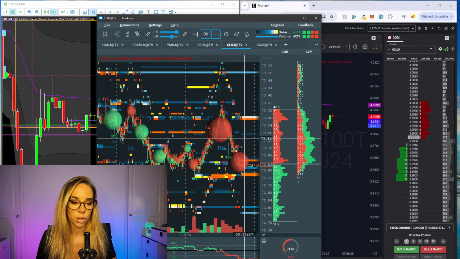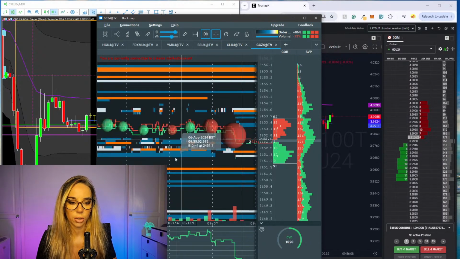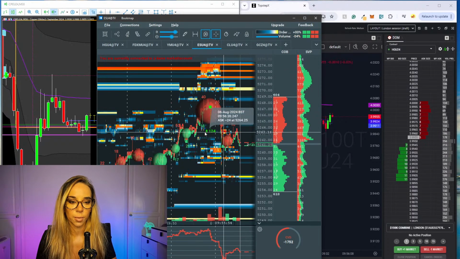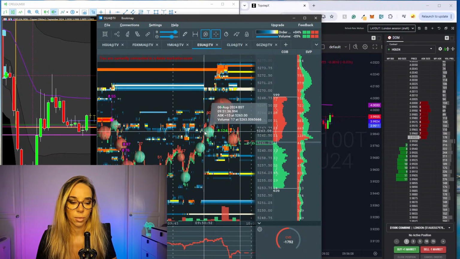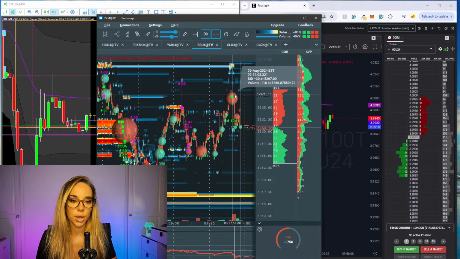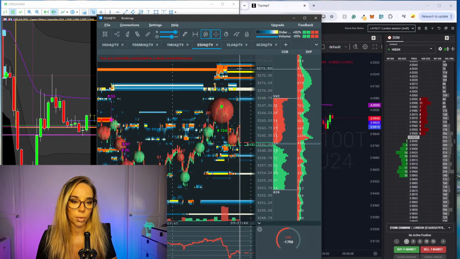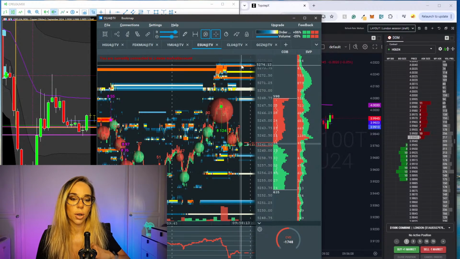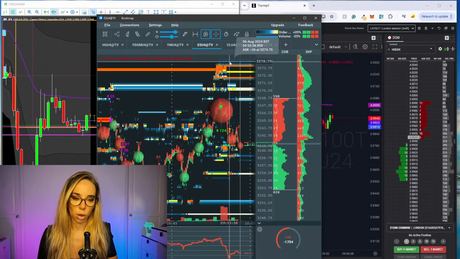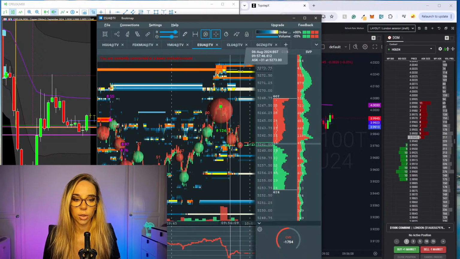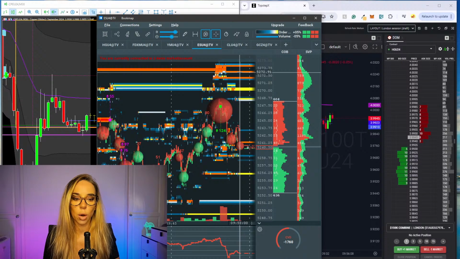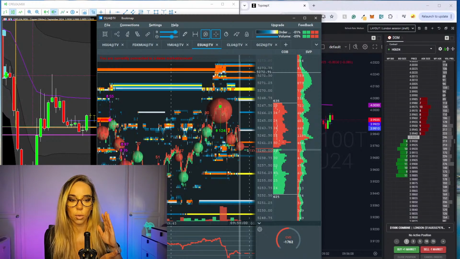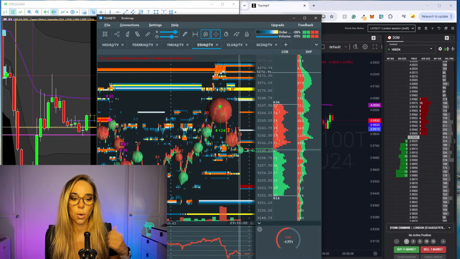Okay, so let me see if I can actually find a good example of that. All right, so on ES we have some liquidity up at 52.73, 74. If I was looking for a stop run through that, which is something that happens intraday a lot, I would be looking at the dome to identify the areas where all of those orders are nicely set. And ES is a type of product that likes to run through those orders and then maybe reverse or use them as a springboard.